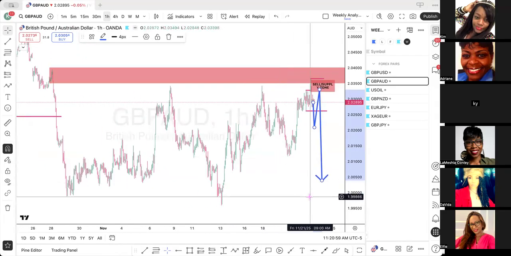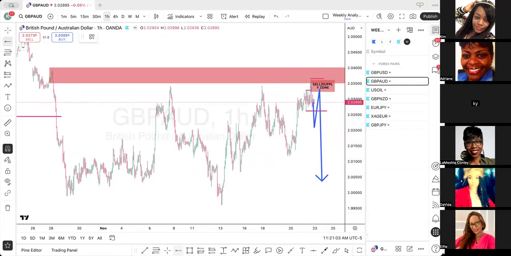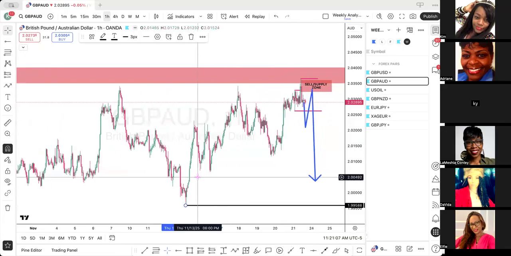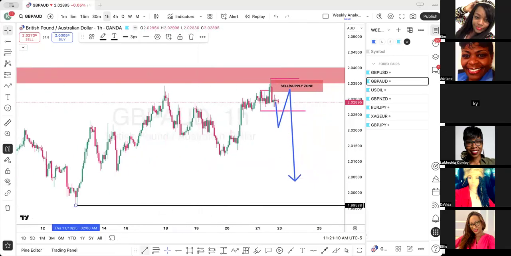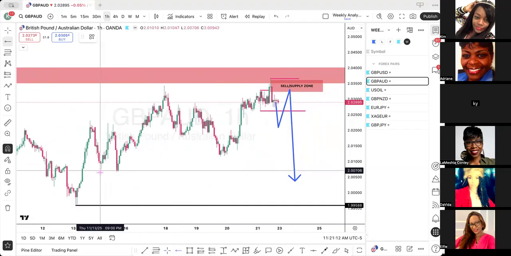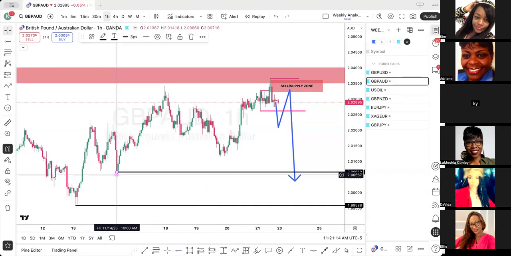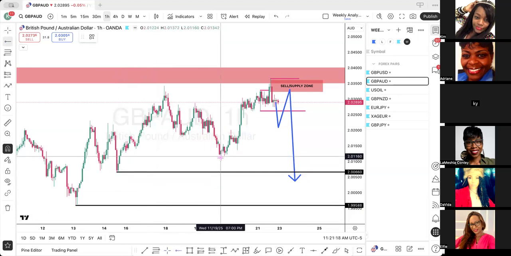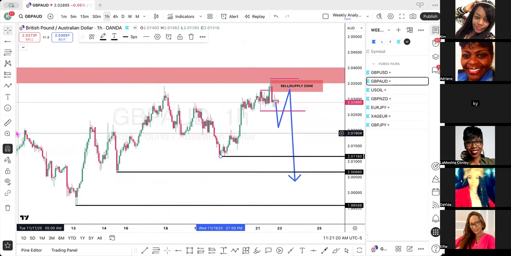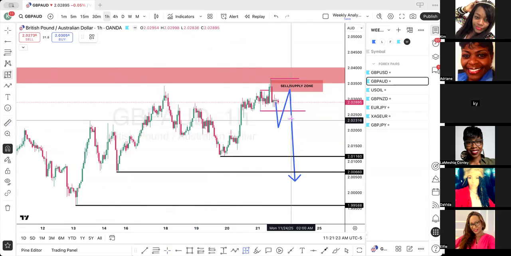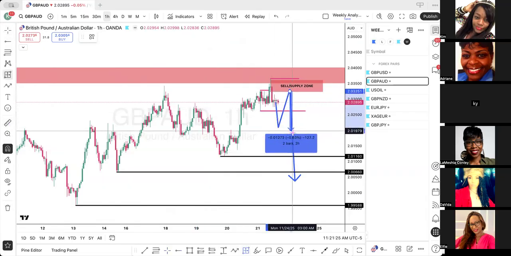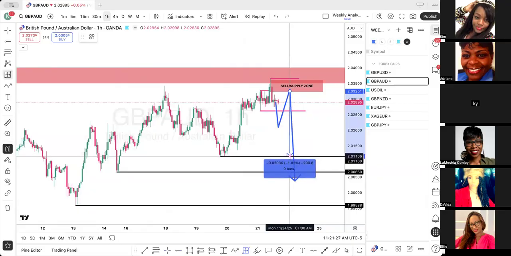And the sell would be down to at least, depending on your trade, you can target how you trade or how long you want to hold a trade. You can just target all the lows. So from here to here, you're talking about 200 pips.